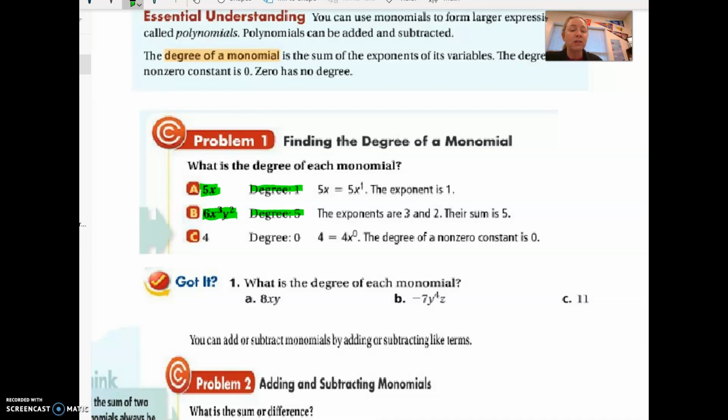So we would say this monomial has a degree of 5. Now, this particular step only works if it's a monomial. If it's a polynomial, it follows different rules for the degree. So just keep that in mind. 4 is considered a constant, so we would just say that has a degree of 0.